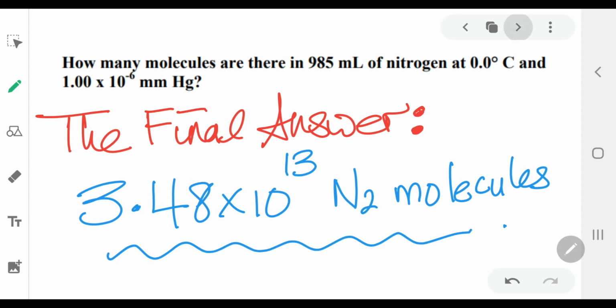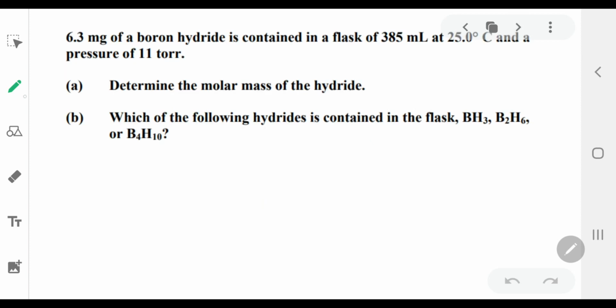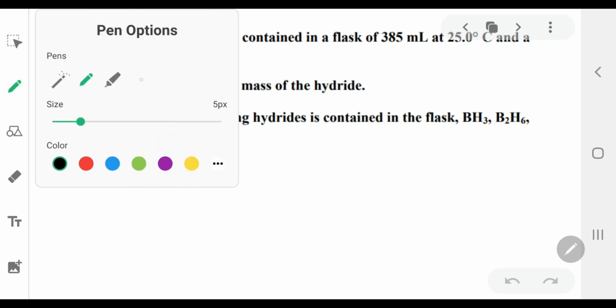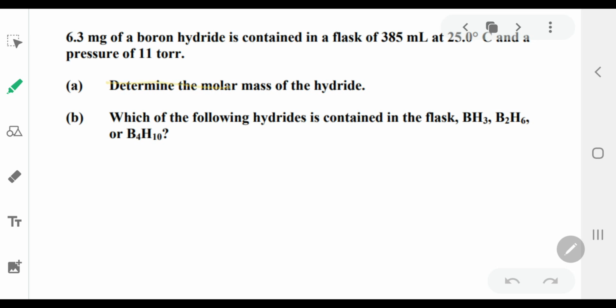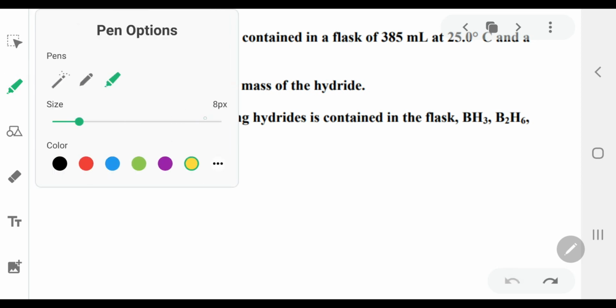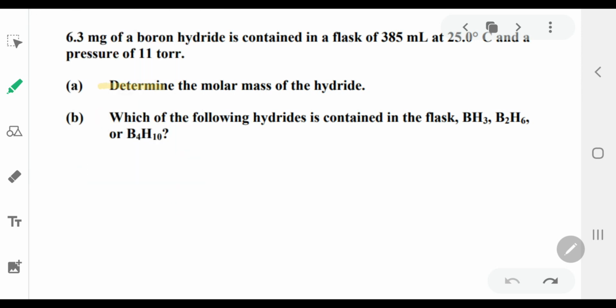Let's try another example, shall we? Over here we have another example, and the question wants you to do two things. Number one, you need to determine the molar mass of your hydride.